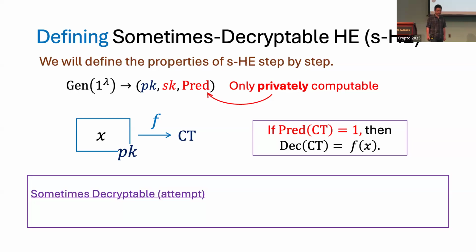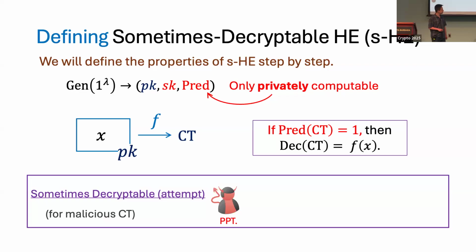So we define this sometimes decryptable property as follows. Note that we need to define this notion even for maliciously generated ciphertexts, since in our applications of SNARKs, the prover needs to generate those homomorphically evaluated ciphertexts. So we need the malicious notion.